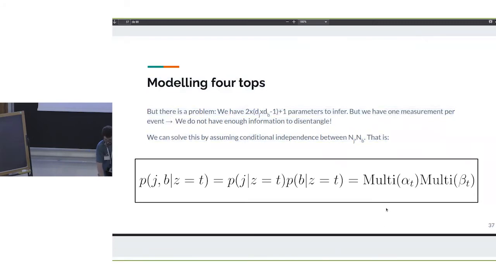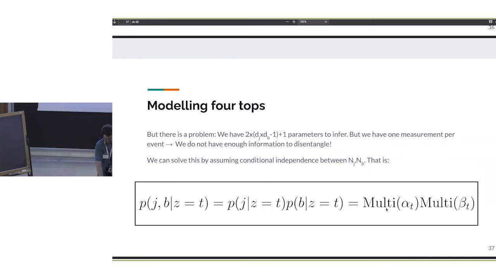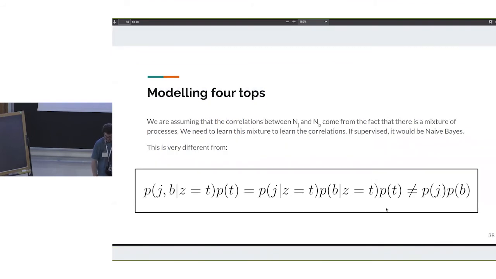So we start with this product of two multinomials, and this is not the same as saying that the two variables are independent. That's the important point. The conditional independence is a much weaker assumption than total independence. We only say that they are independent if we know the class.